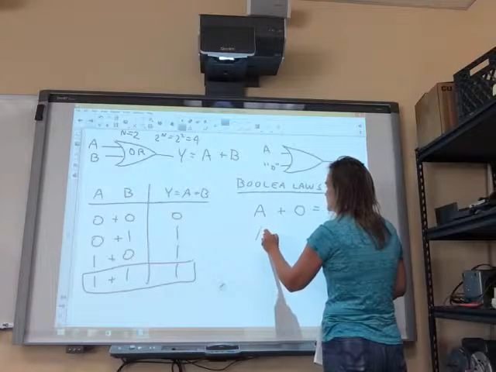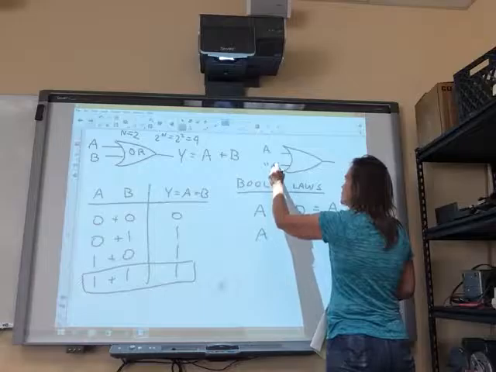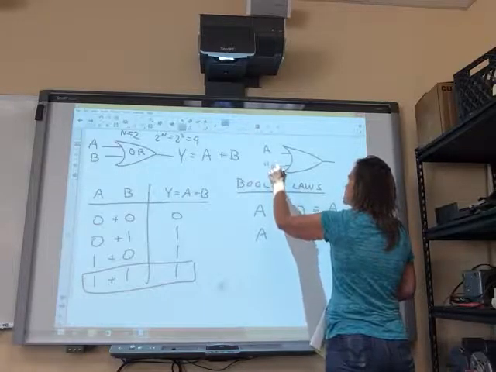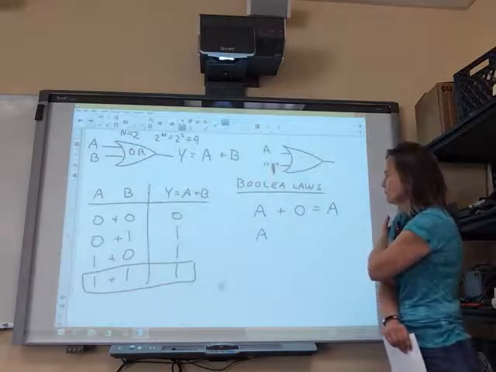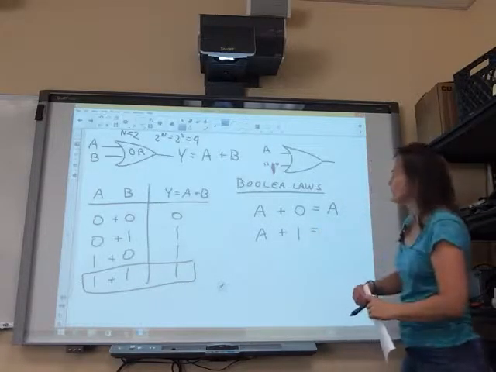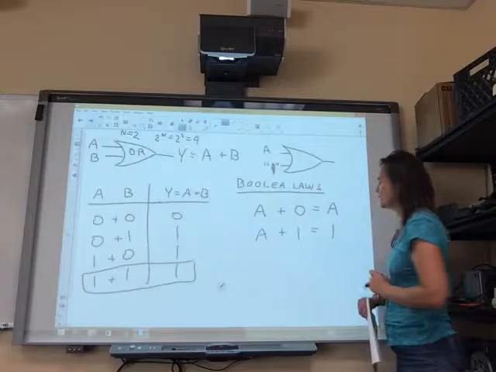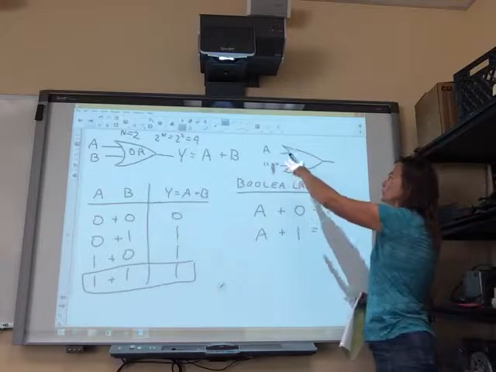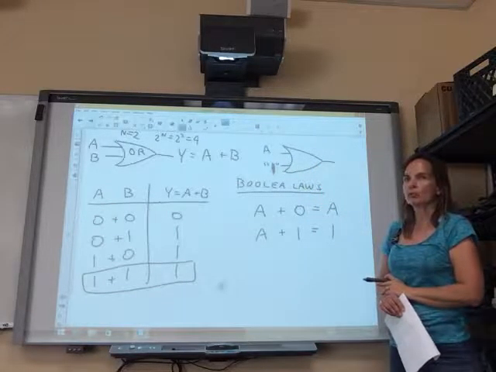Let's look at the next case where instead of holding this low, we're going to hold this second input high all the time. So A or a high input is going to result in a high output because we only need one of these high, and it will be a high output all the time.